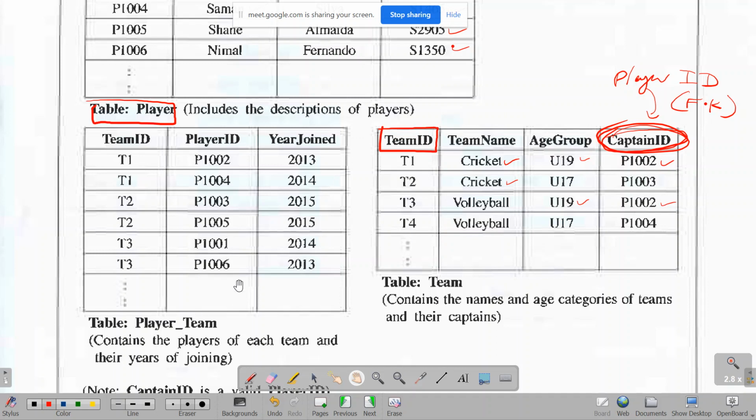Because it is the one which describes which team that particular player is in and which year they joined. So since it is a new student, it's going to be P1007 if you think about how it's been written. If the team ID is new, it's going to be T5, and the join year is going to be 2019.